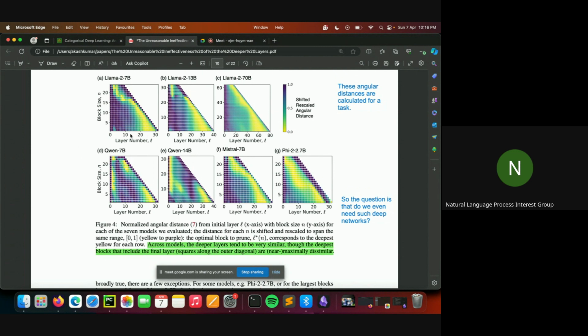So basically after layer number 10, the output that we get, and for each layer, after layer 20, the output that we get. By output, do you mean there's some fixed input that they're putting in? It's a transformer block, right? So the input goes to the transformer block and whatever output comes out of it.